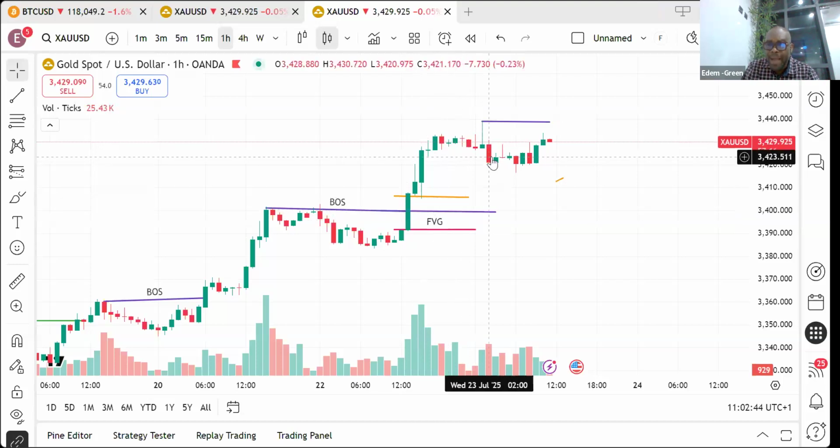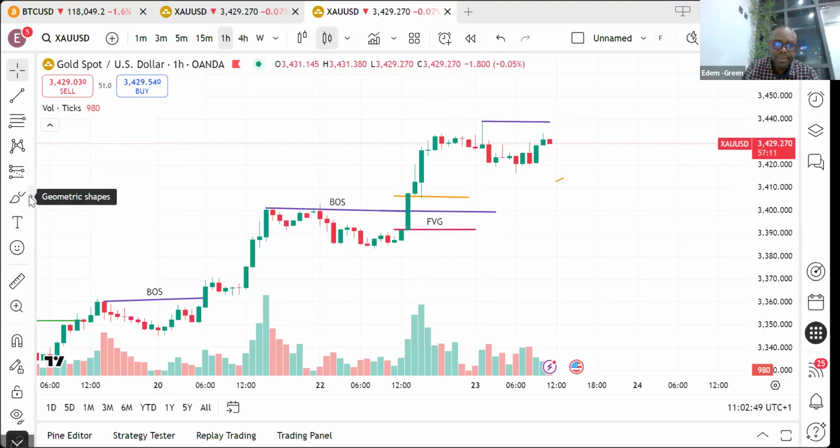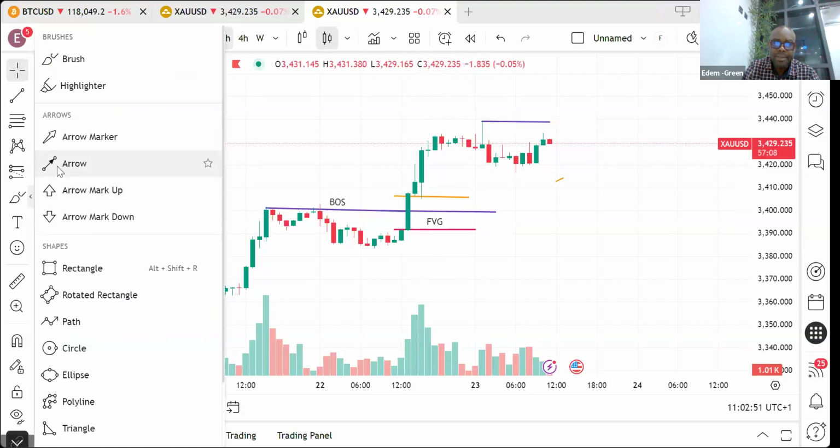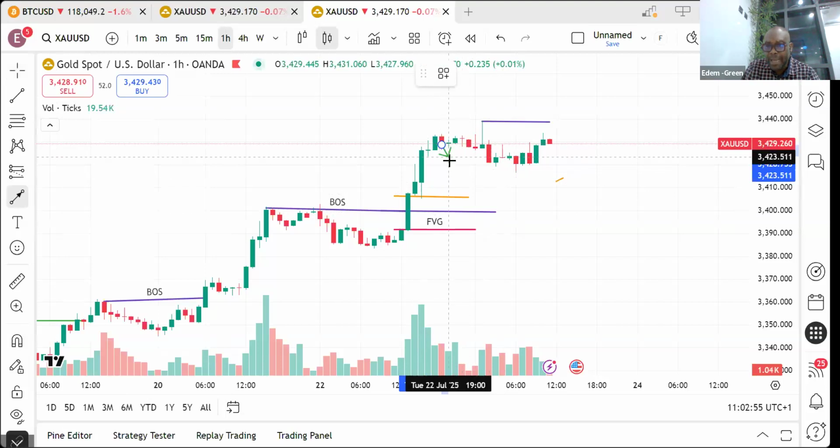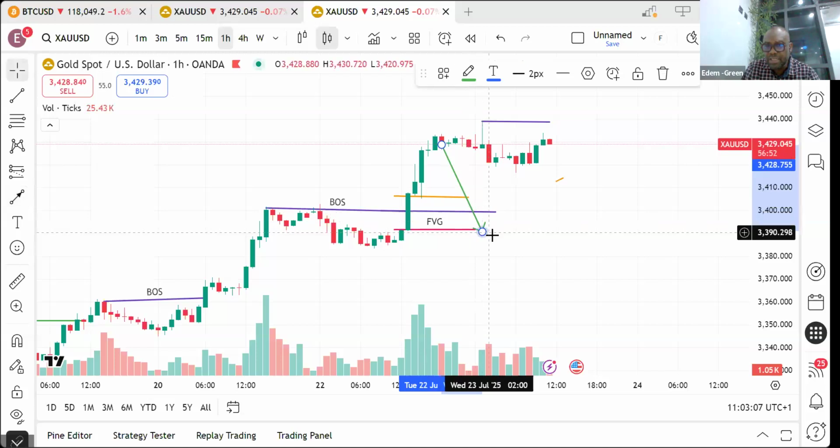So assuming the market taps in here, and at this point it is on 50%, and then disrespects that 50% and comes down here, it therefore means that this fair value gap cannot go up again.